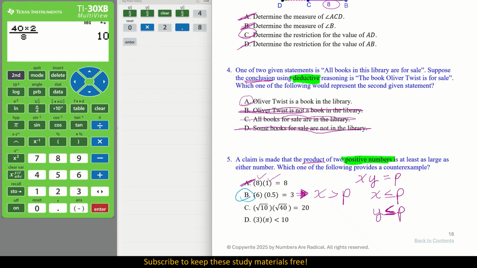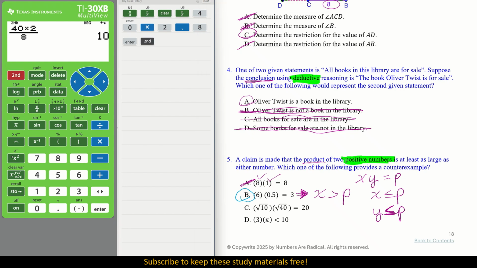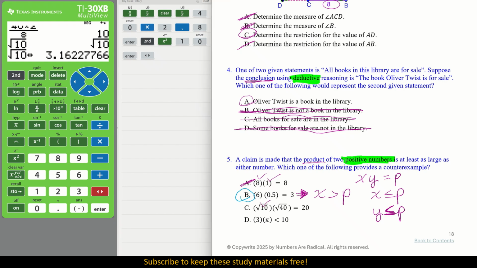Okay, but let's look at C. The radical, the square root of 10. You've got to do your toggle. Well, that is less than 20. So that checks out.